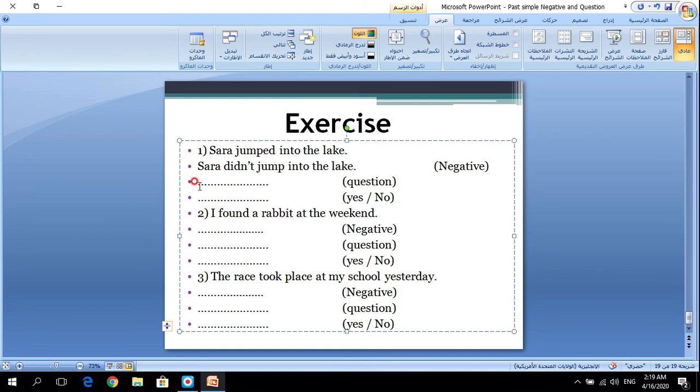The question form, you have to start with did. When I say, did Sarah jump, without ed, jump into the lake. Don't forget the question mark because this is a question form.